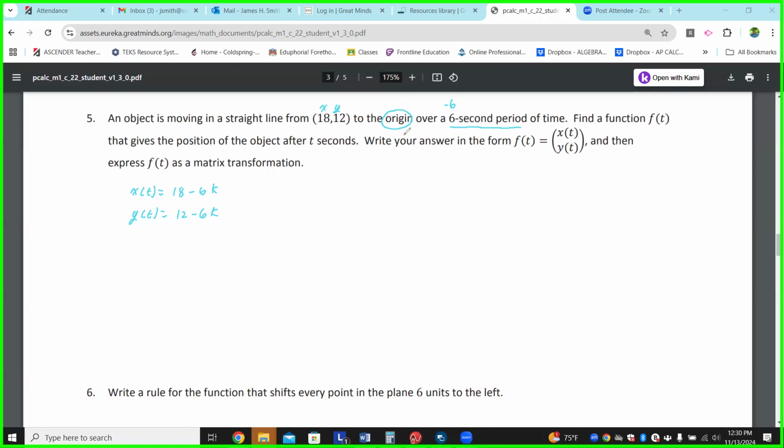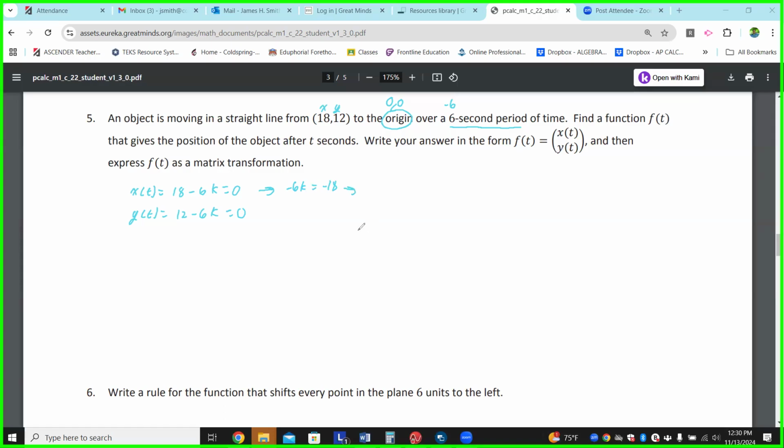What's the answer? 0, 0. So therefore, this right here has to be equal to 0, and this right here has to be equal to 0. So now I can actually go calculate that rate. Now the k should be the same on both, just like before, but we can check both. So how would I solve for k in this case? So I get negative 6k equals negative 18.